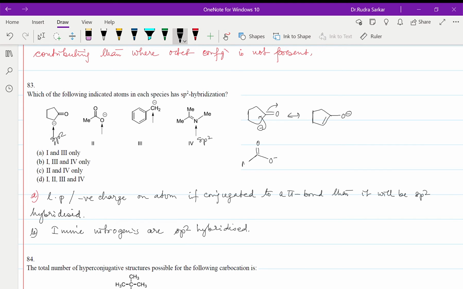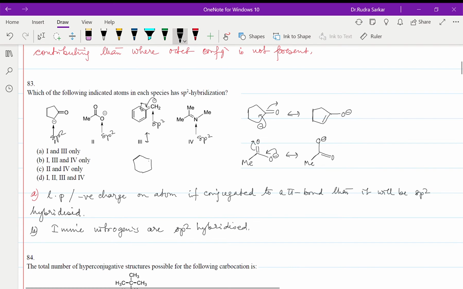In case of the carboxylate, this negative charge is again delocalized via resonance, and we can write another canonical form for structure 2. So also we will say this is sp2 hybridized. For the benzyl, also this is sp2 hybridized. Why? Because this negative charge can be delocalized within the ring and we can subsequently write another resonance structure, as I am showing over here.